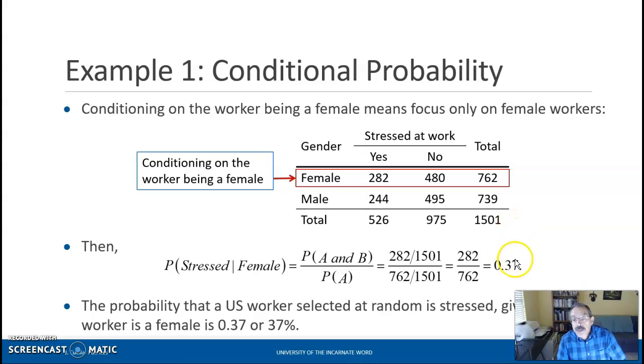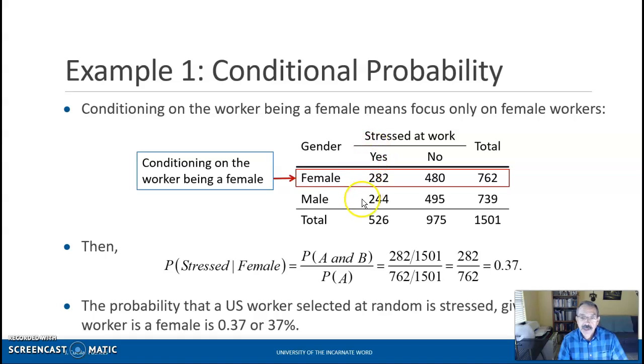All right, so this 0.37 is interpreted as the probability that a U.S. worker selected at random is stressed given that the worker is a female is 0.37 or 37%.